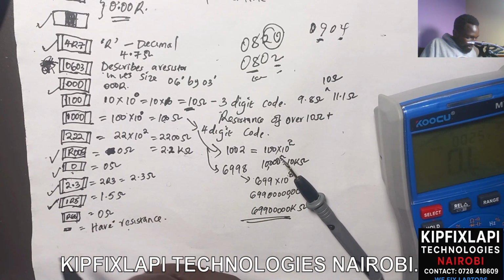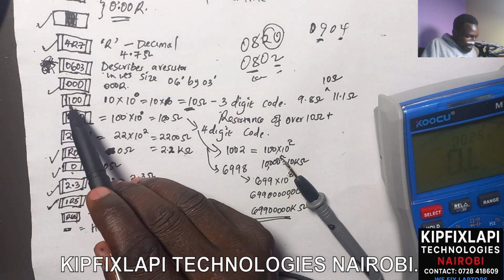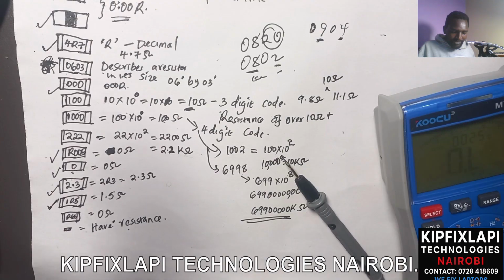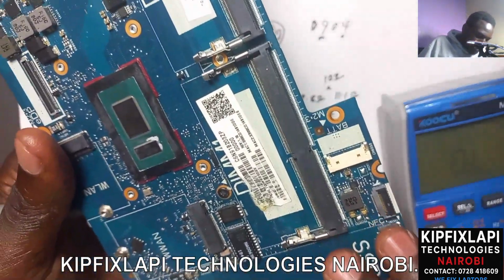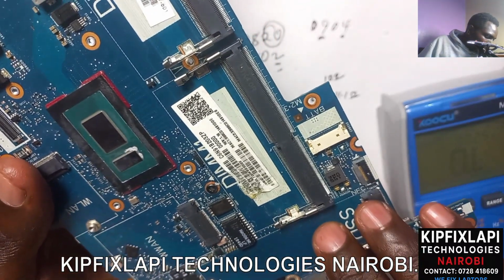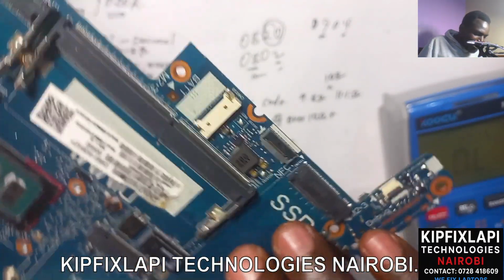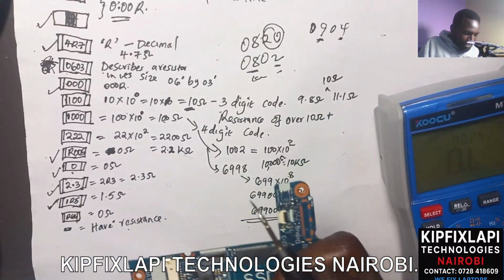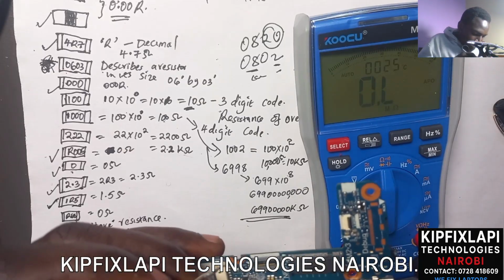So this one is cleared. Which one haven't we cleared? We haven't cleared 100 and 1000. So let's look for 100 resistance and 1000 resistance. Can't see any. Here's another one written 3R3. So 3R3 should read 3.3.